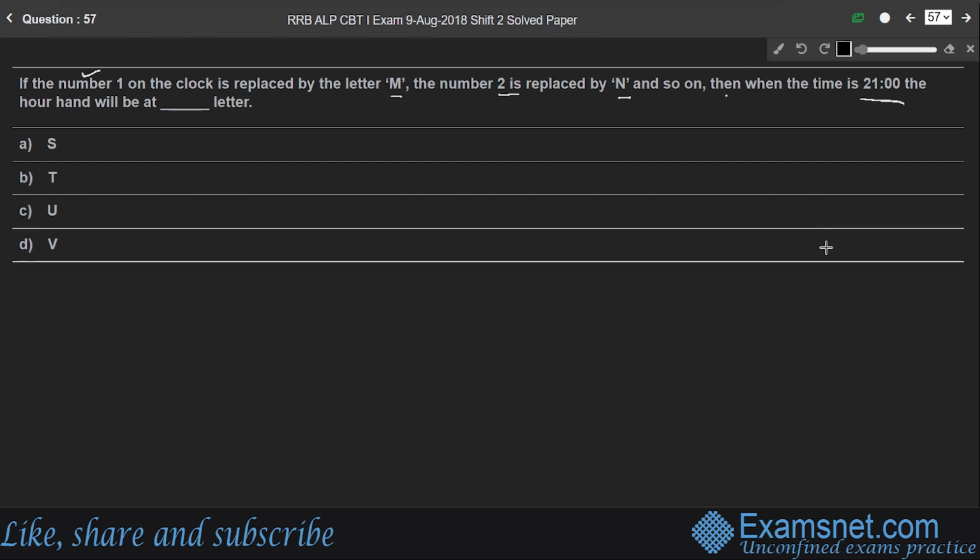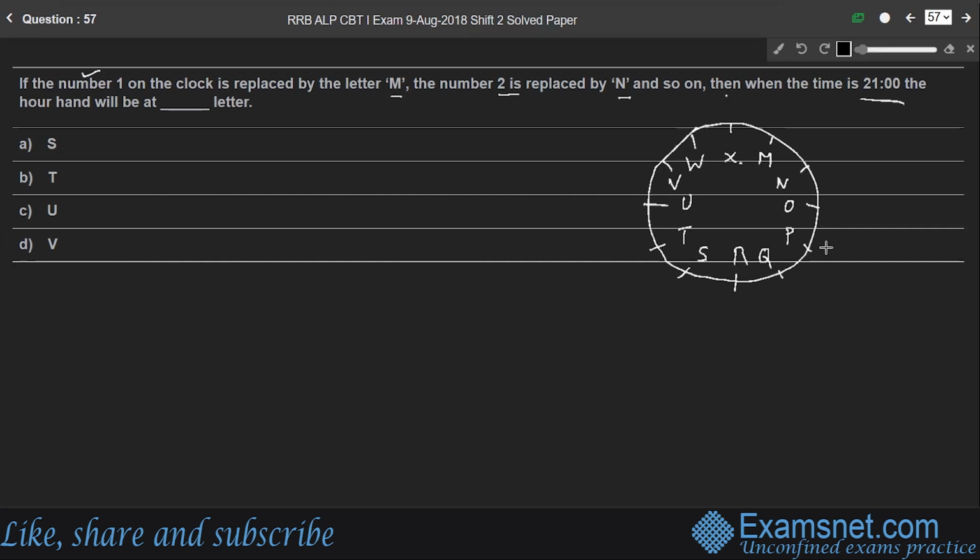Here number 1 on the clock is replaced by M, and number 2 is replaced by N. Number 3 is the next letter to N, which is O. Next, number 4 will be replaced by P. Then Q. Number 6 will be R. Then S, T, U, V, then W and X.